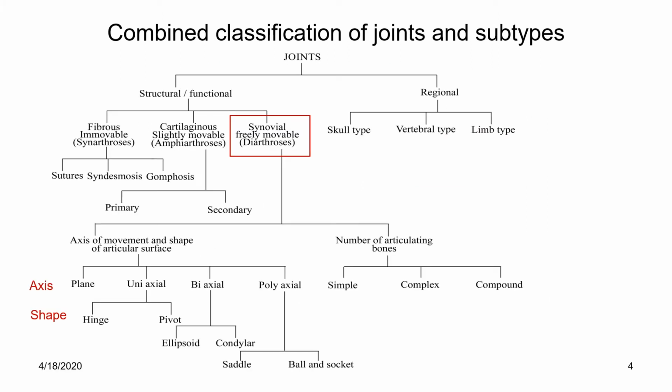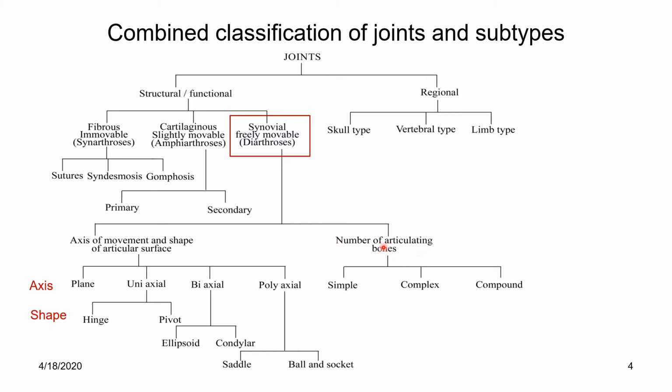So, what is that classification of synovial joints? The synovial joints are classified into two types depending on the axis of movement and shape of articular surface and depending on the number of articulating bones.